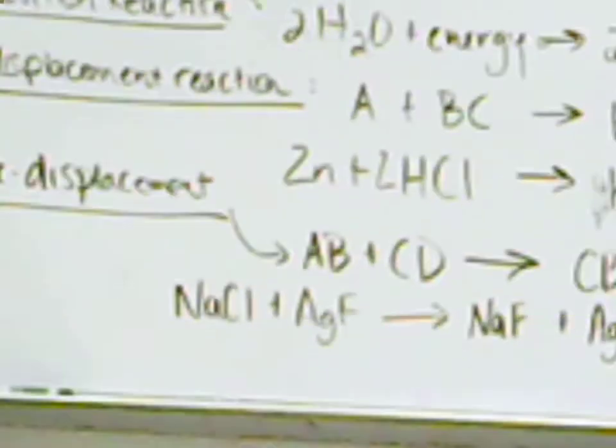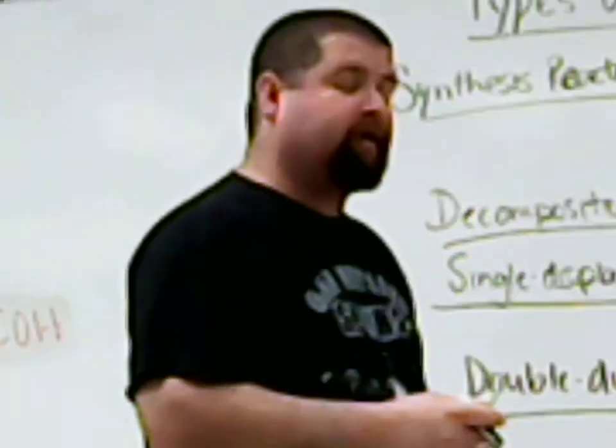And the silver will couple up with chlorine. Now we have sodium fluoride and silver chloride. And that's double displacement. The last type of reaction I want to talk about is called a combustion reaction.